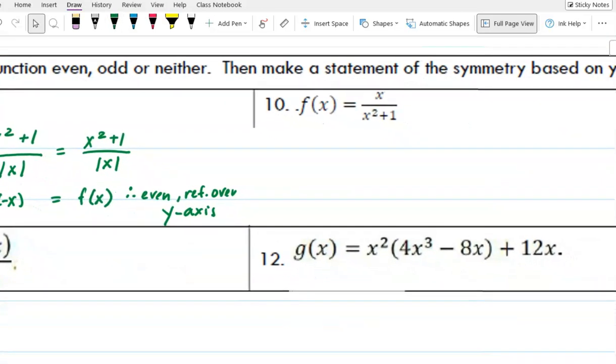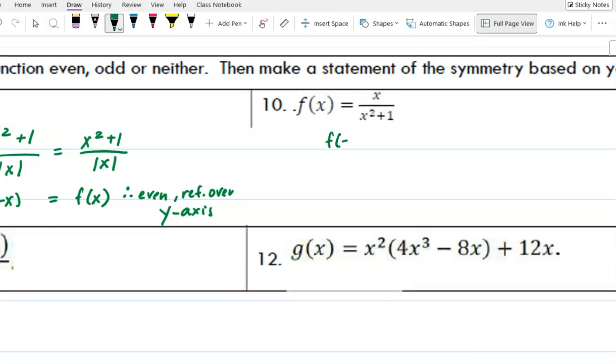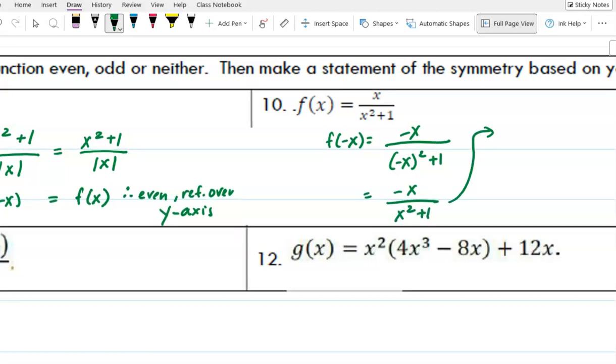Okay, let's just quickly do these. f of negative x equals negative x over negative x squared plus 1. So that's a negative x and an x squared plus 1. Another way to write this, I could take out the negative 1 in the numerator and write it in front, just like that.